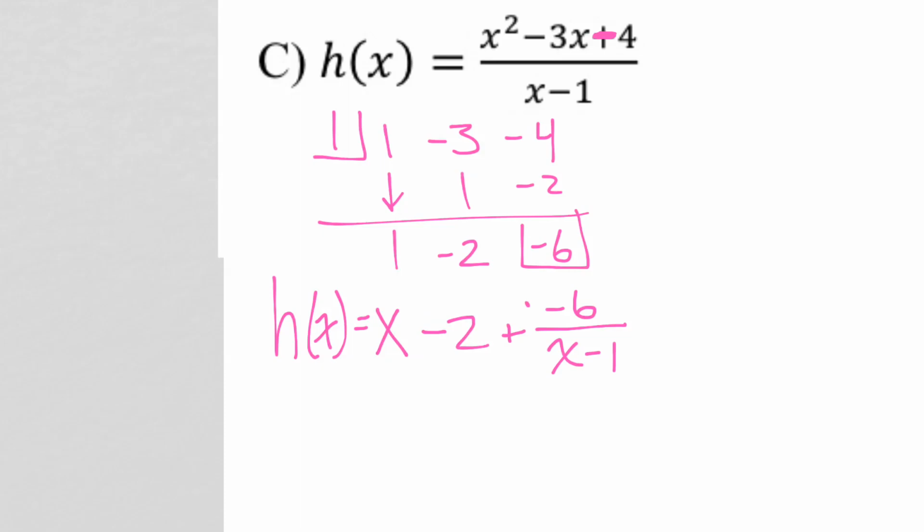Why is that? Because this term, negative 6 over x minus 1, has a horizontal asymptote at 0, which means eventually it is essentially equal to 0 and thus does not affect the graph. The graph just looks like x minus 2 because that term gets so small.